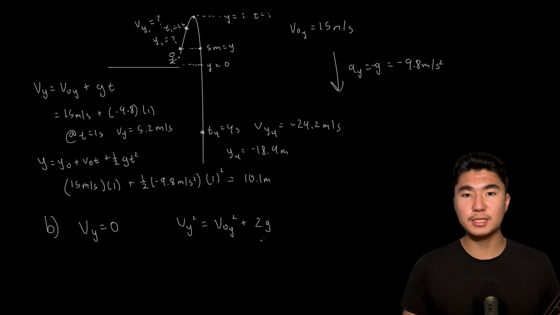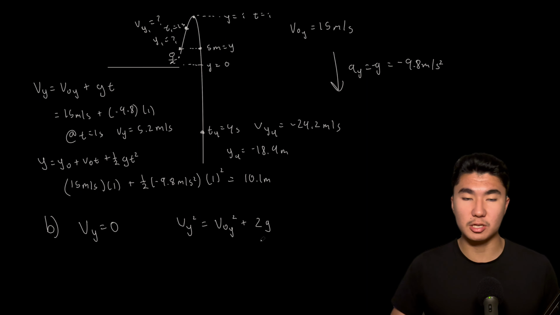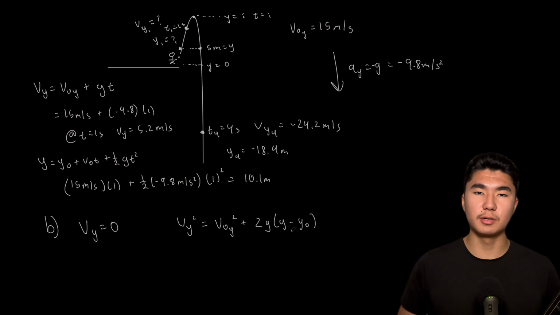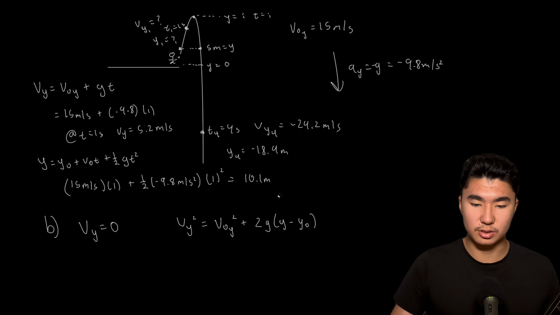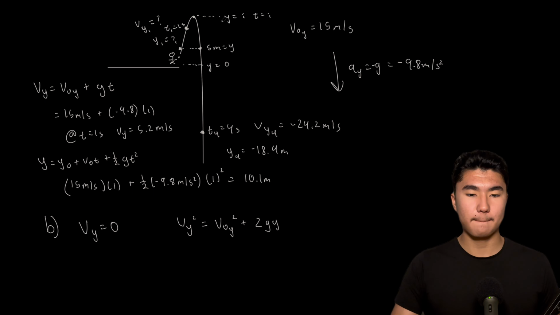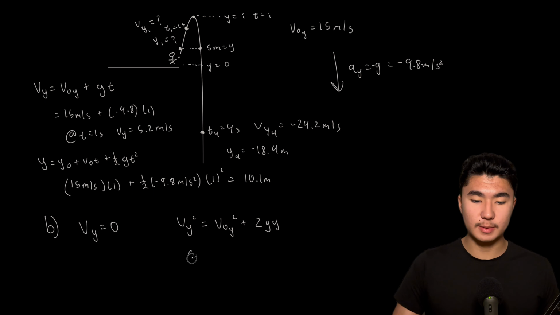So that equation was velocity squared equals initial velocity squared plus 2 times acceleration. Now in our y-axis, our acceleration is going to be due to gravity since we're free falling. So this is going to be y minus y0, and our y0 is just going to be 0. So we could also just say that this is just y, because our initial position is 0. Now we know that our velocity is going to be 0.